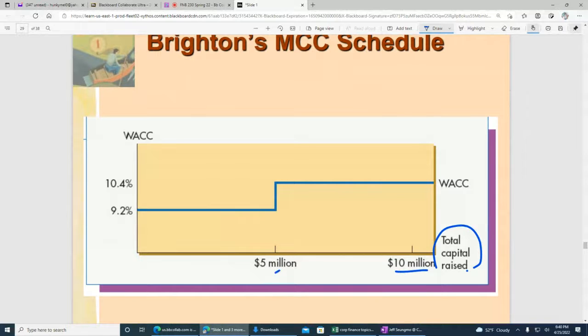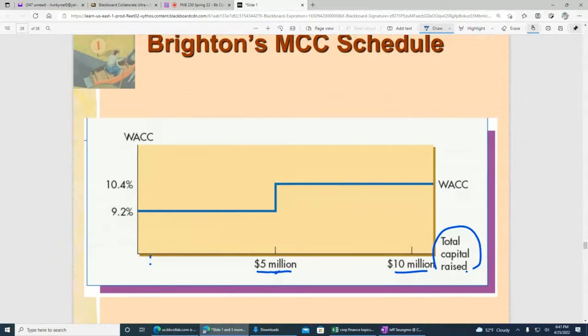And up to 5 million, they can do it by debt, preferred stock, and retained earnings.